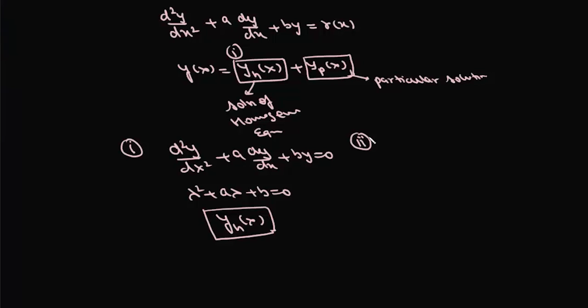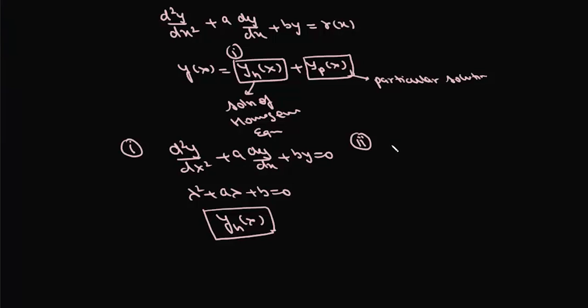Now the second step is to find its particular solution. Now in order to find its particular solution, there are few methods, and one of them is method of undetermined coefficients. Now in method of undetermined coefficients, there are certain functions for which we already know the choice of yp.